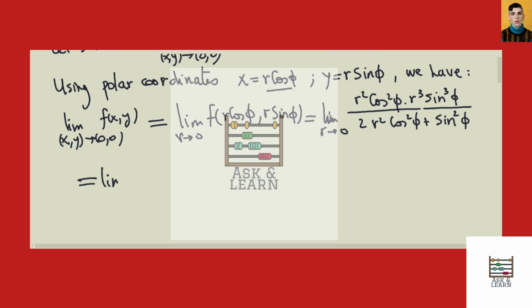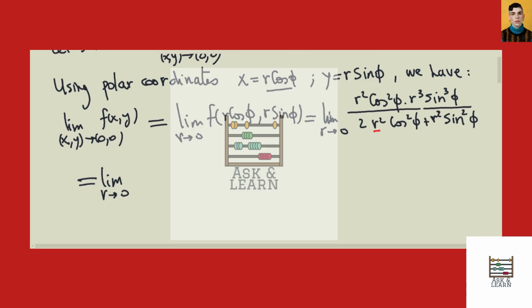And this is equal to the limit when r goes to 0. And look here, we have r squared in the denominator, because we have y equals r sine phi. So we have r squared sine squared phi.